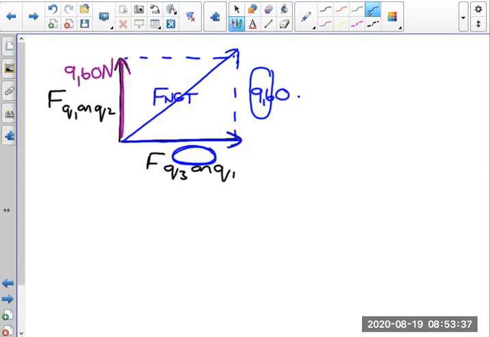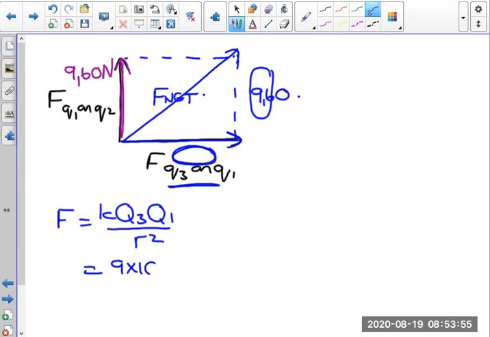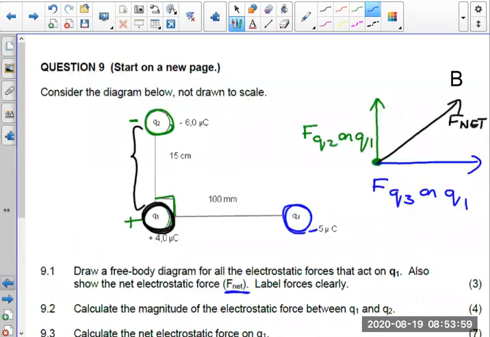Okay, this is how we do this, and all the sums will be the same. So first, we have to get a value for this one. So I'm going to say F equals K Q3 Q1 over r squared. K is 9 times 10 to the power of 9. That's a constant.